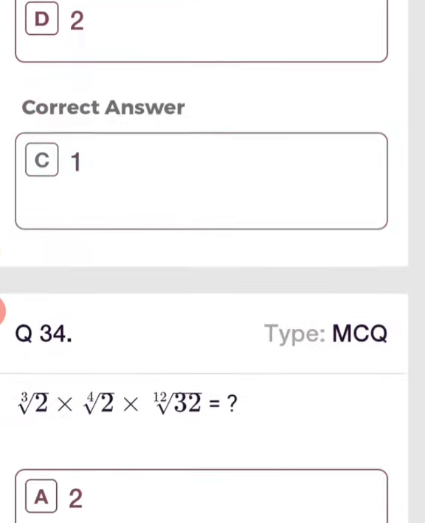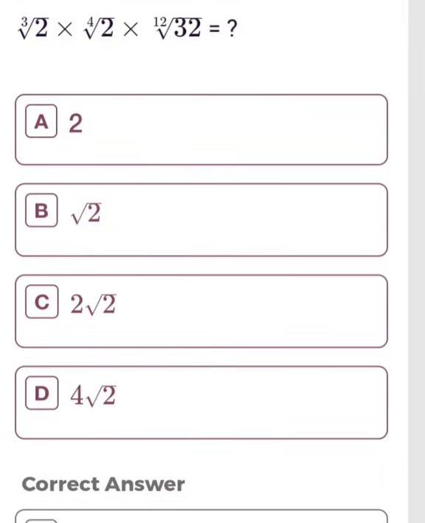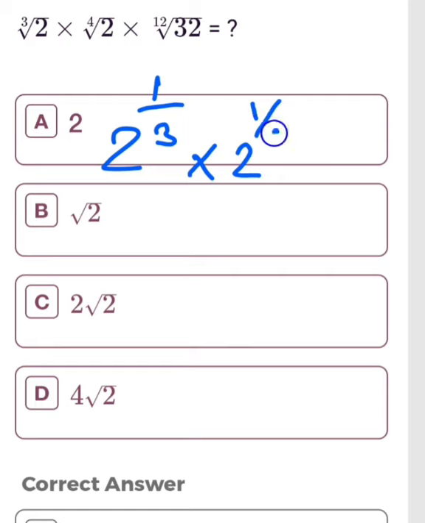Come on, the next. 2 power, this is the third root of 2, this is the fourth root of 2, and the 12th root of 32. Okay, can I write it this way? 2 power 1 upon 3 into 2 power 1 upon 4 into 2 power 5 upon 12.